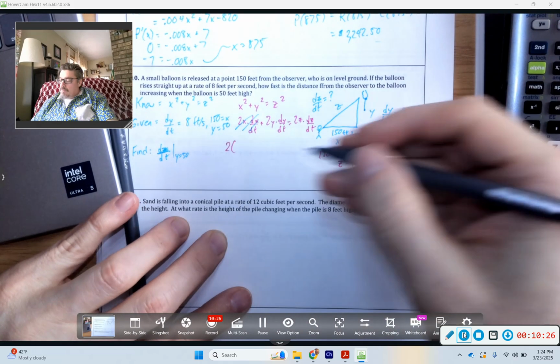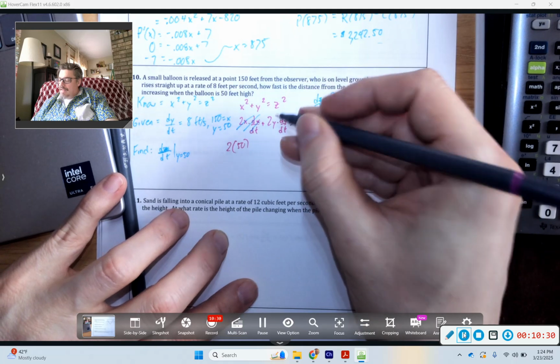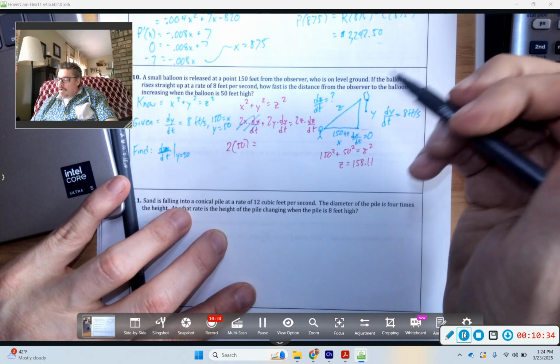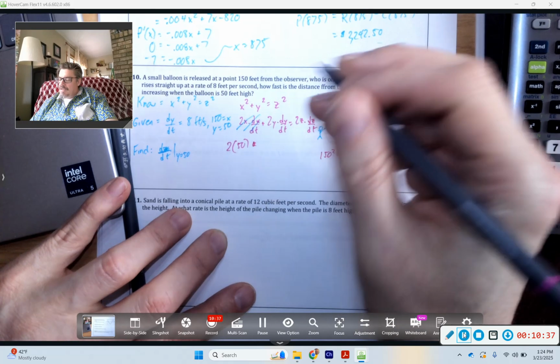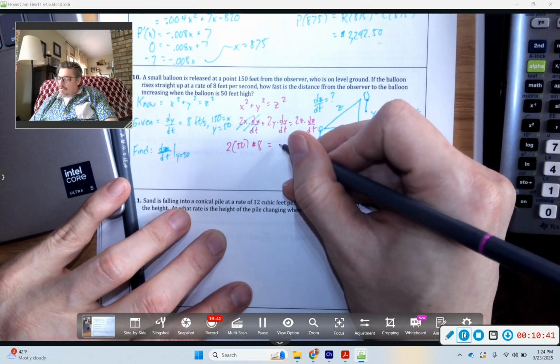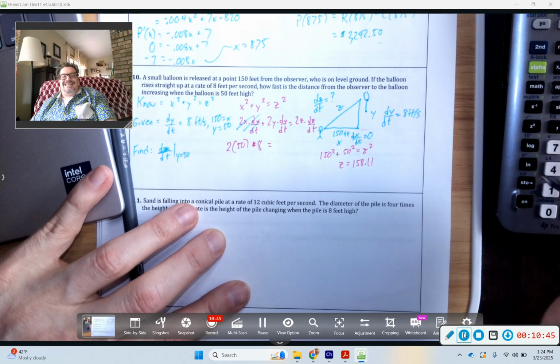Let's plug in the 2 times y, which we said was 50, times dy/dt, which is 8, and that's going to equal 2z times dz/dt.